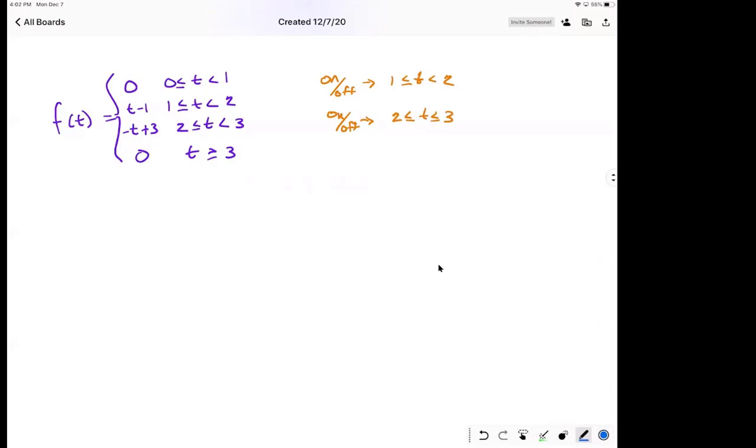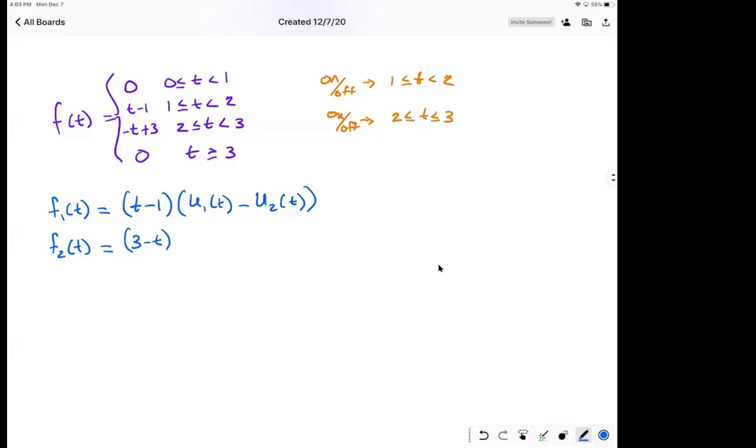So my F1 of t is going to be t minus 1 from u1 of t minus u2 of t. That's going to be my F1. And then F2 of t will be 3 minus t.